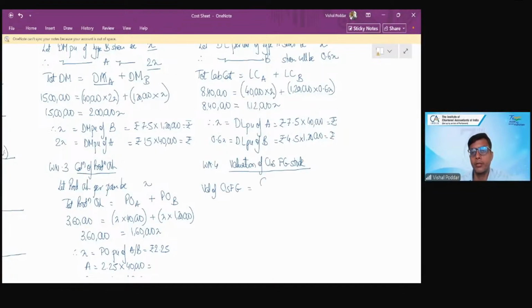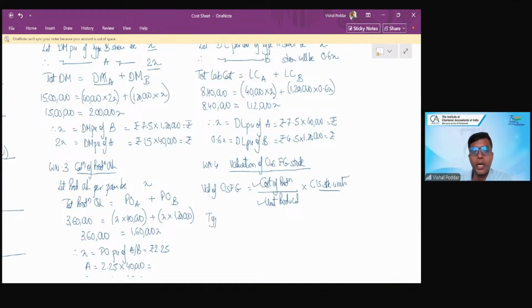It is cost of production upon units produced into closing stock units. So simple formula, students. This is my cost of production divided by units produced. That gives me average cost of 1 unit multiplied by units which are lying in stock.